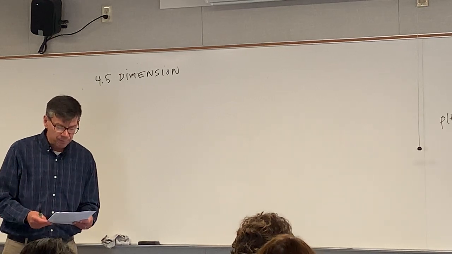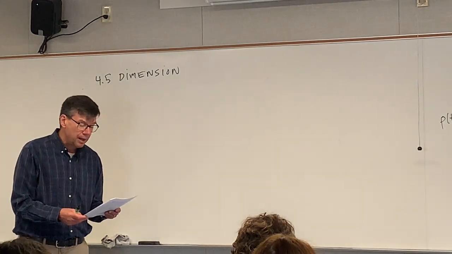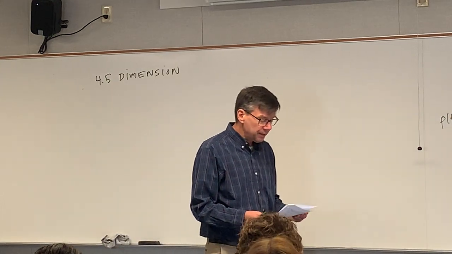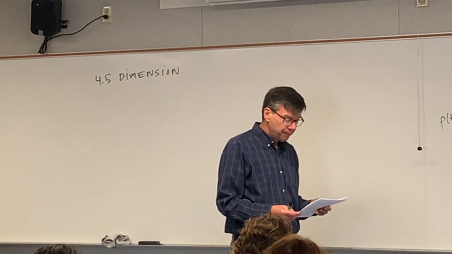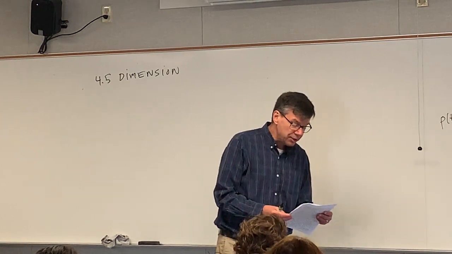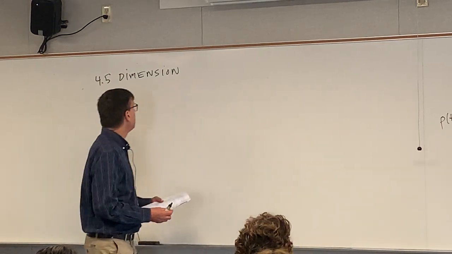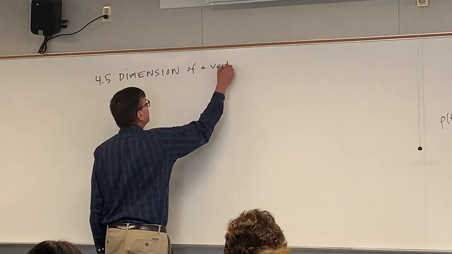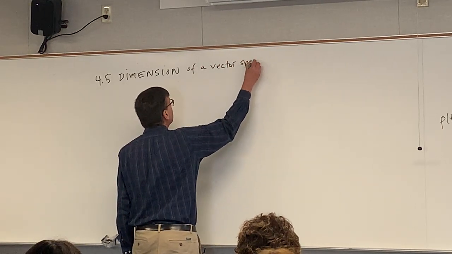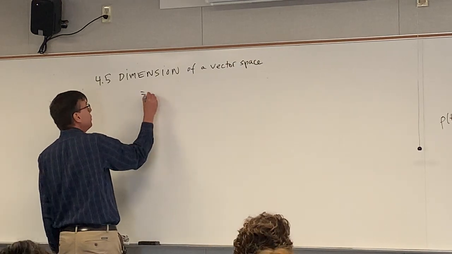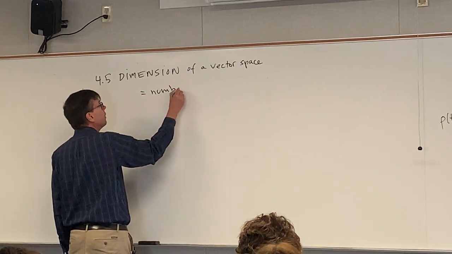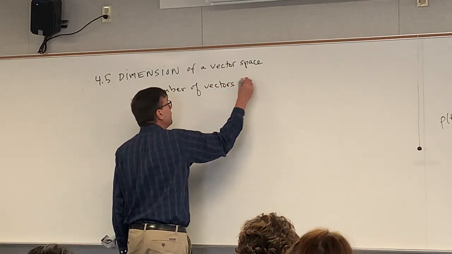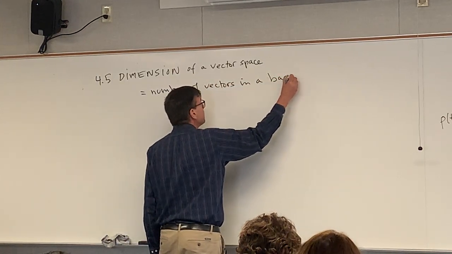So if a vector space V has a basis of n vectors, where n is some positive integer, we say V is a finite dimensional vector space, and the dimension of V is n. So the dimension of a vector space is just equal to the number of vectors in a basis.